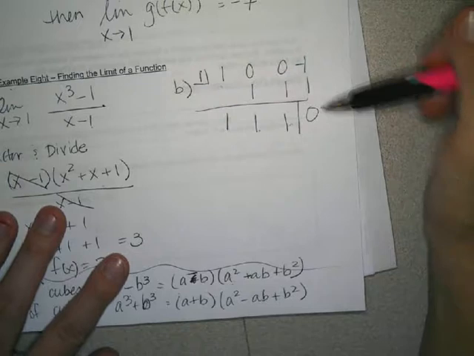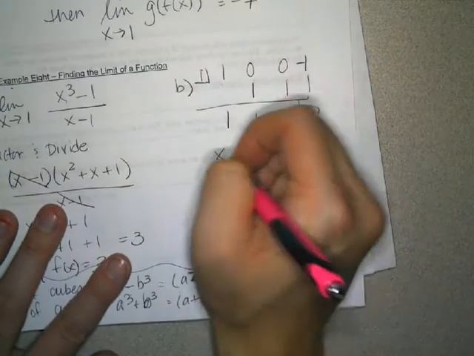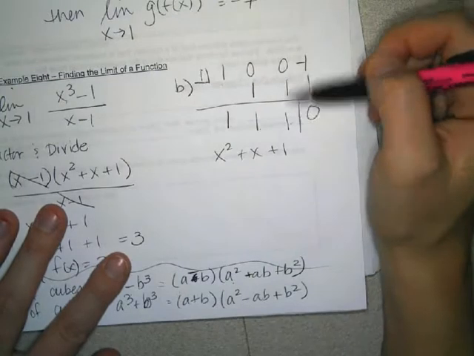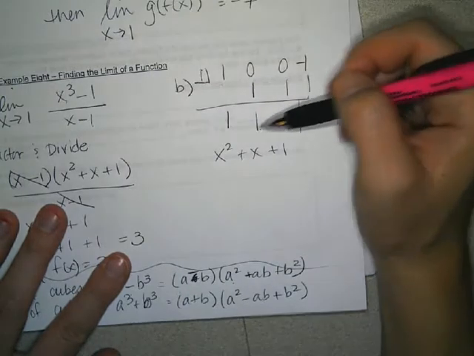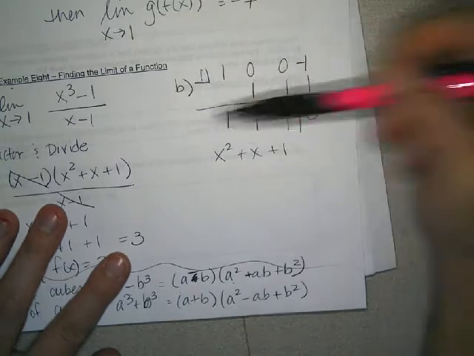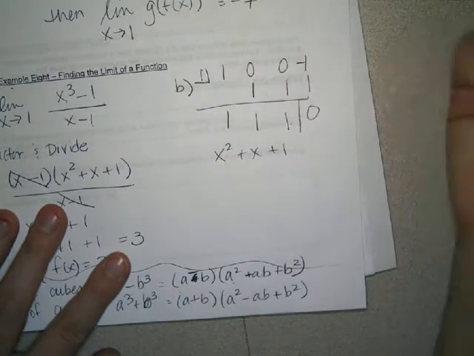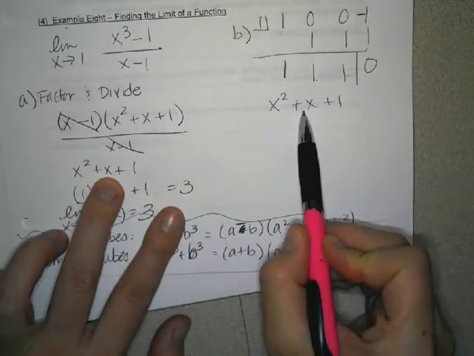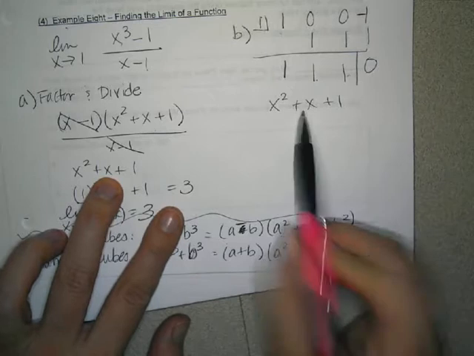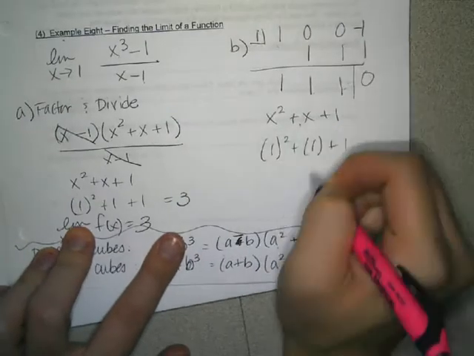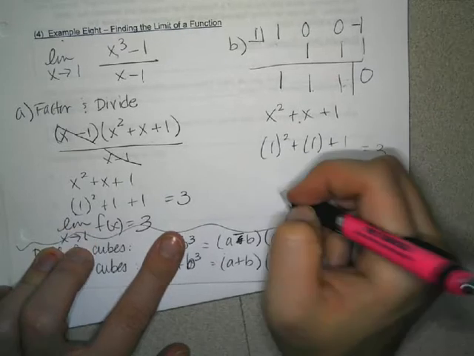And then we can rewrite this as x squared plus x plus 1, because this number will be just your constant. Then the next number to the left will be your x term, x squared, and so forth. And notice we're at the same spot we were here, because then you can directly substitute 1 in again, and you still get 3.